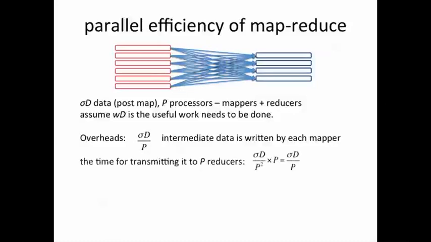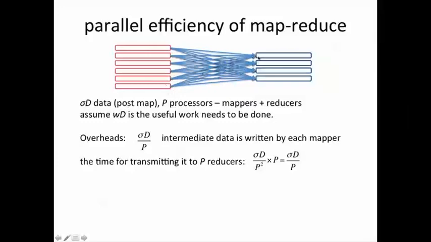Next, this data has to be read by each reducer before it can begin reduce operations. So each reducer has to read sigma d over p squared, that is 1/pth of the data, from a particular mapper. Since there are p different reducers, 1/pth of the data in a mapper goes to each reducer.